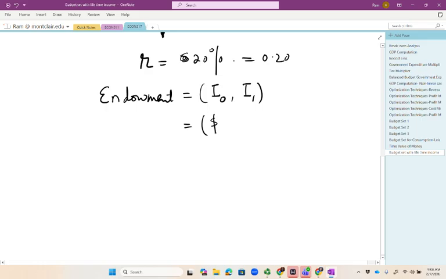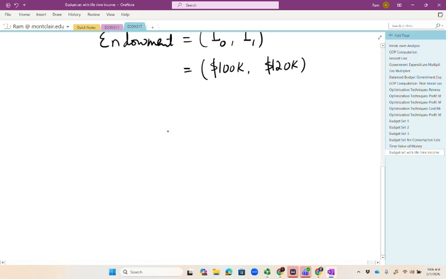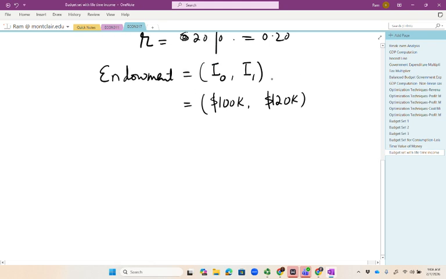So let's write the values we just assumed, 100K and 120K as available. So the consumer can always spend these two amounts in these specific periods, but the consumer can choose many other consumption bundles. So before I go further, I will assign a symbol which is omega. This is not W, this is the Greek letter omega, which is typically used for endowment.